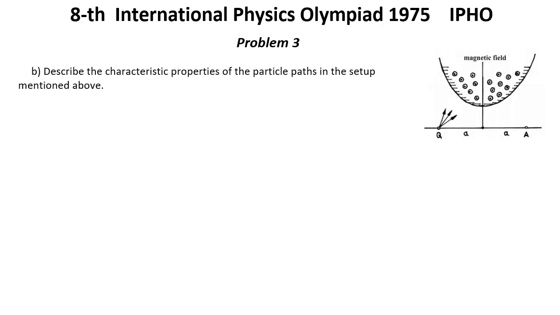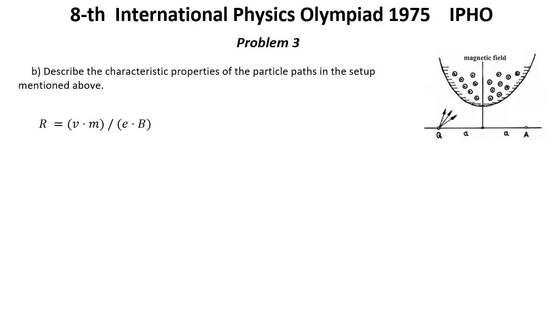Question B. Describe the characteristic properties of the particle path in the setup mentioned above. Solution. The ions of mass m travel on circular paths of radius r equal this expression, v m over eB, inside the magnetic field. Leaving the magnetic field, they fly in a straight line along the last tangent.